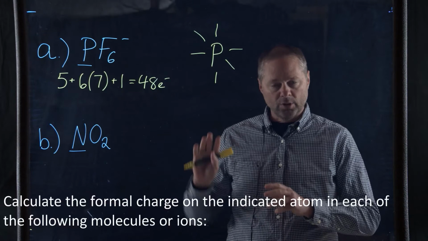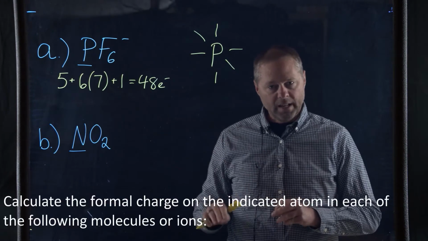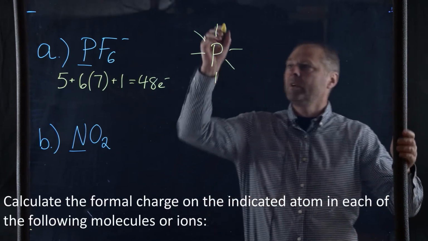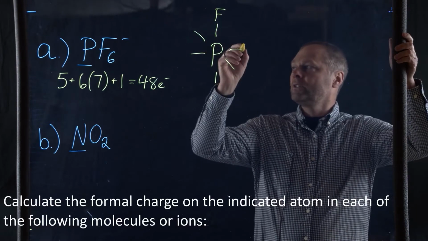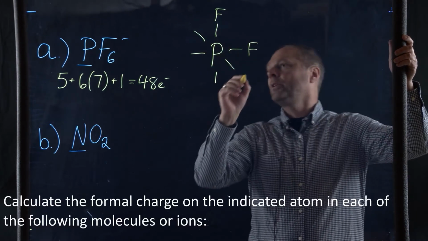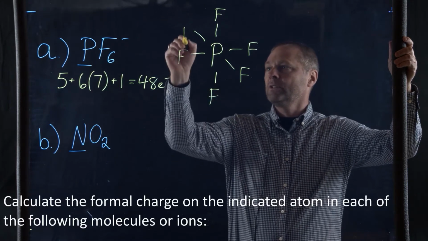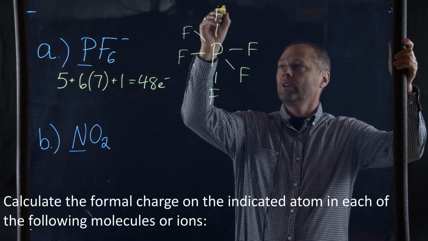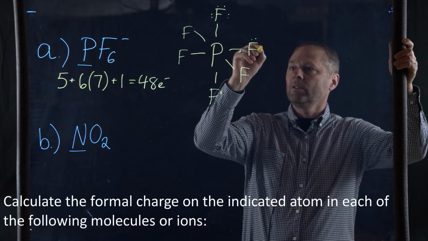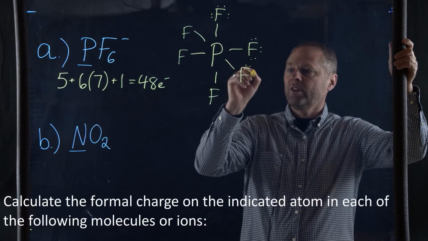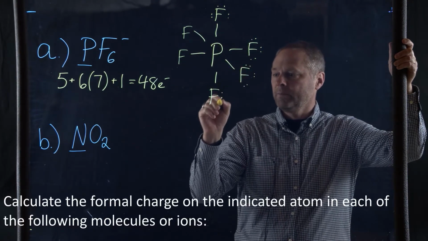So remember, that's going to be to the left on the periodic table and lower on the periodic table. So here we put our fluorines. Now we're going to put the valence electrons around the fluorines.